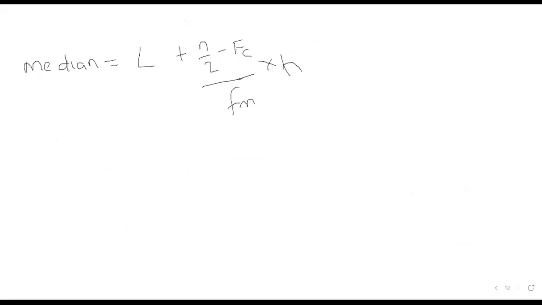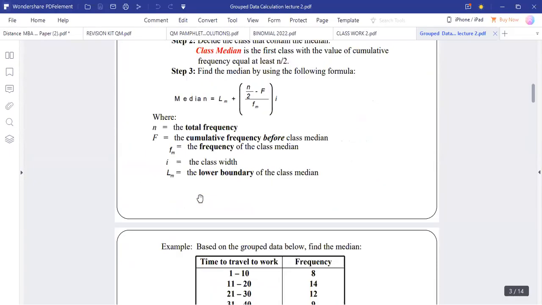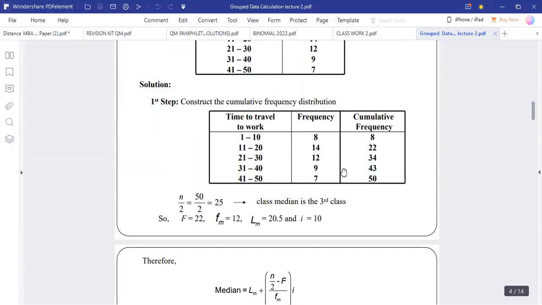If you had cumulative frequency as follows, how do we find the median? The total here is what? 50. When you add them, it's 50. The first step is you find half of 50, which is 25. So you go to the cumulative frequency, look at the number which first exceeds 25 or is equal to 25.